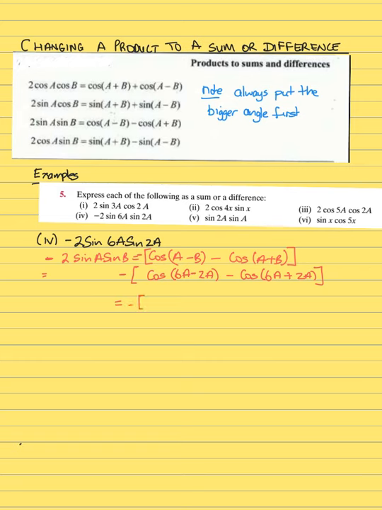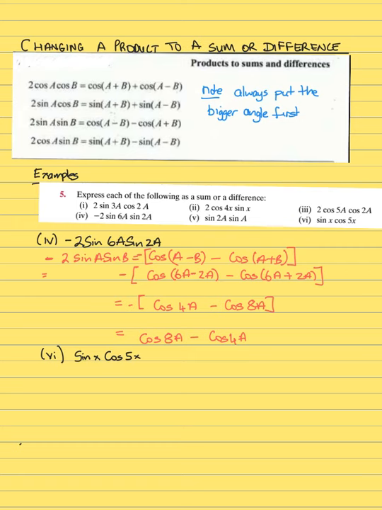Minus cosine 4a minus cosine 8a, which gives us cosine 8a minus cosine 4a. So notice we started out as a product and we've ended up with a difference.